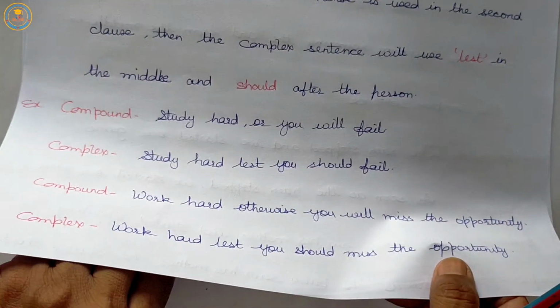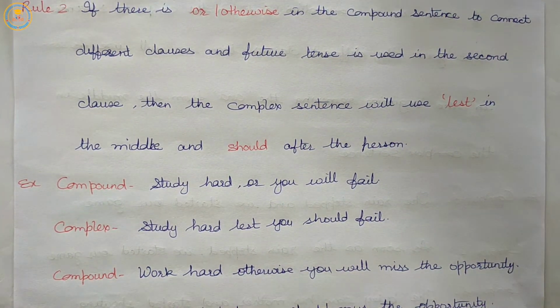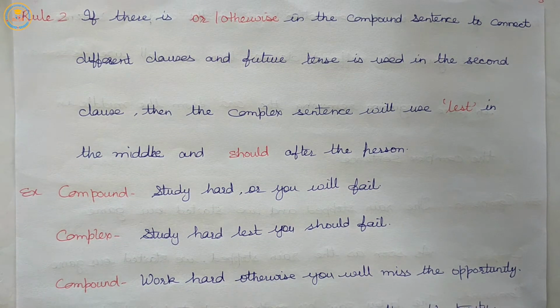Our second rule tells us that if there is or or otherwise in the compound sentence to connect different clauses and the future tense is used in the second clause, then the complex sentence will use lest in the middle and should after the person.